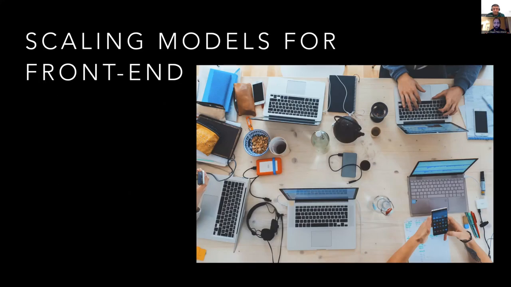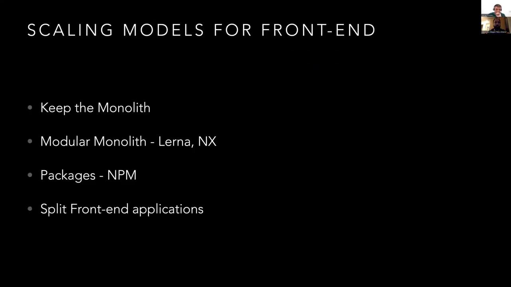So going into more detail on these scaling models, we can always keep the monolith. That is a choice, because the other ways I showed are challenging. They will allow you to scale, but at the same time they're hard anyway. It's not easy when you have this problem of scaling your applications.